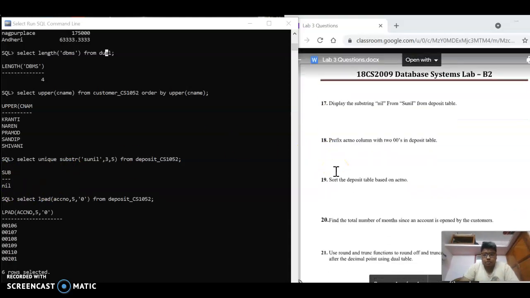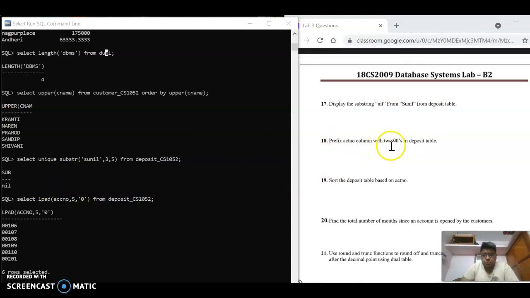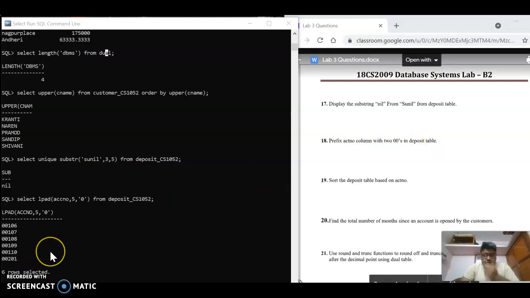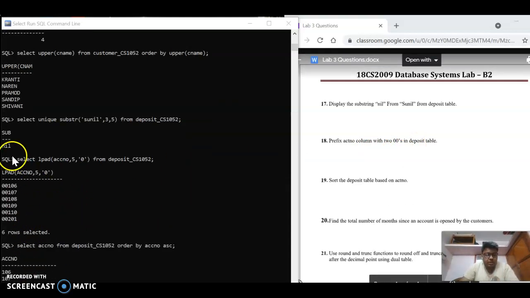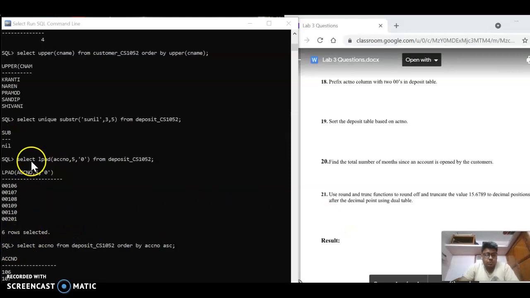And the 18th question, prefix the account number column with 2 zeros in the deposit table. So here select LPAD of account, 5, 0 from the deposit table. Here LPAD means before the numbers it came as 0 0. So this is that one, and the output has come.